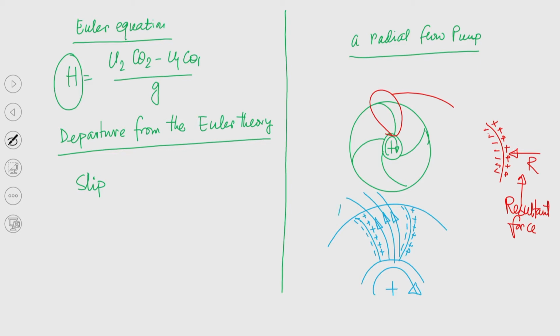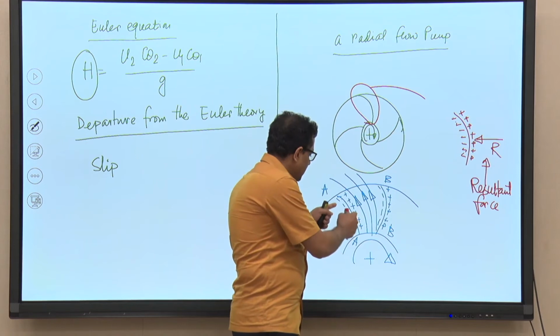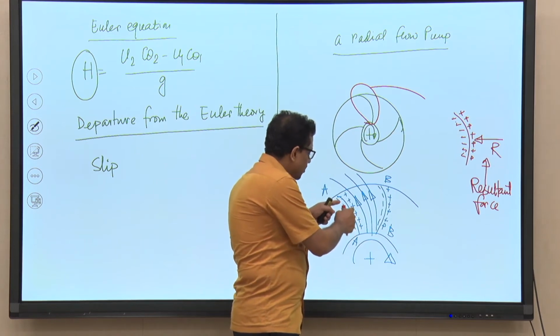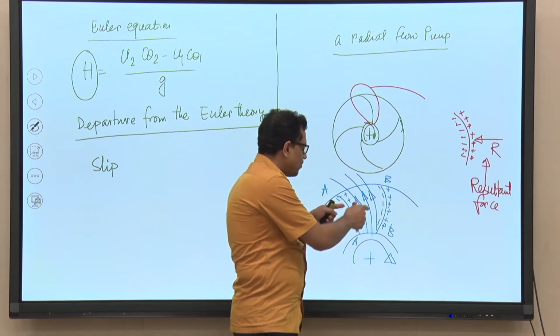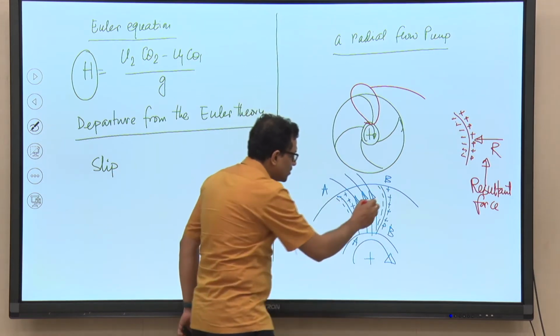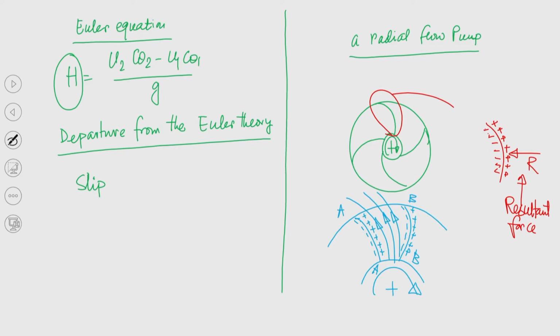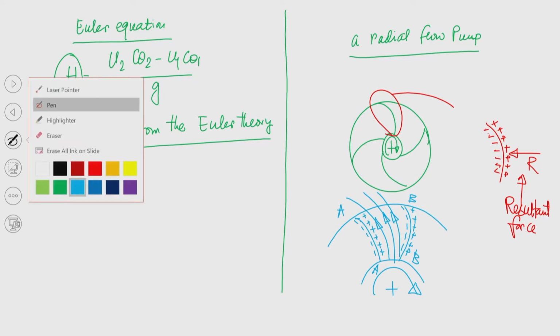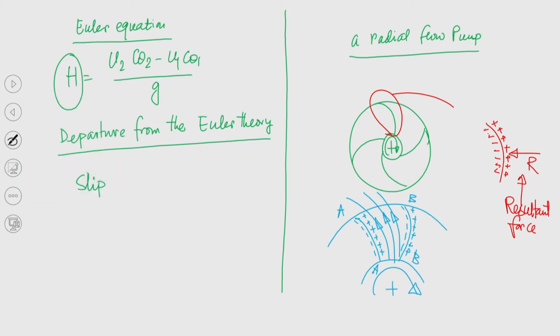So, if I give the name AA to this blade, and this blade is BB, right. If we now consider these 2 blades, AA and BB, you can understand that pressure on the convex side of blade AA is high, while the pressure on the concave side of blade BB is less. So, velocity will be definitely higher. If I try to draw using a different color, this is red color.